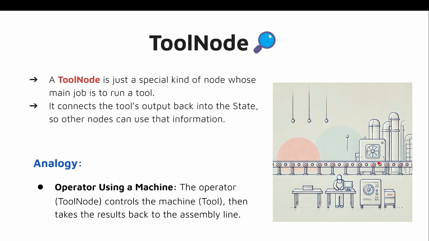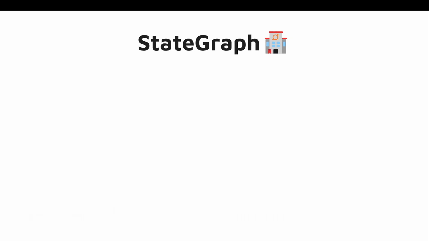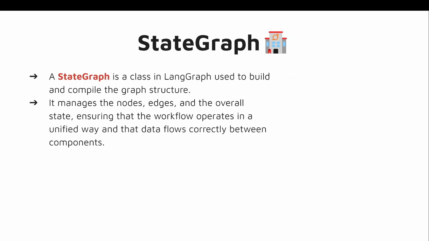Now, if we progress further, let's look at the state graph. This is quite an important element as well. This will be one of the first elements you actually interact with, and its main purpose is to build and compile the graph structure. It manages the nodes, the edges, the overall state, and it makes sure that the workflow operates in a unified way and all of the data flows correctly between components.